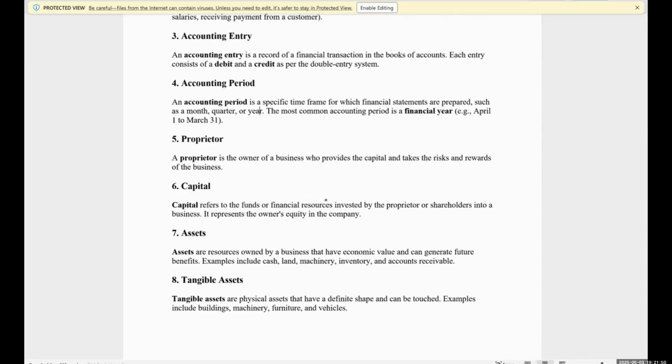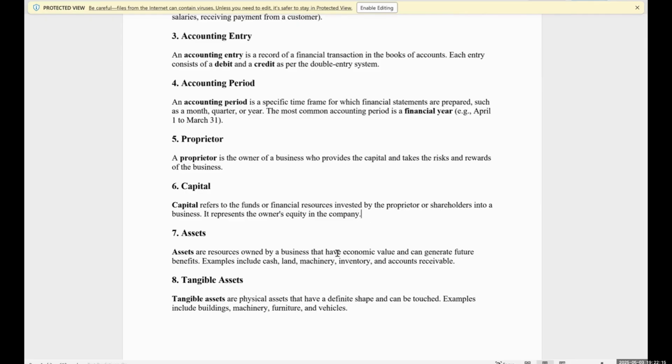That initial investment in accountancy, we call it as capital. Capital refers to fund or financial resource invested by the proprietor. Proprietor means owner of the business. So if the owner of the business is putting some amount of investment and starting a business, then that amount is called as capital.